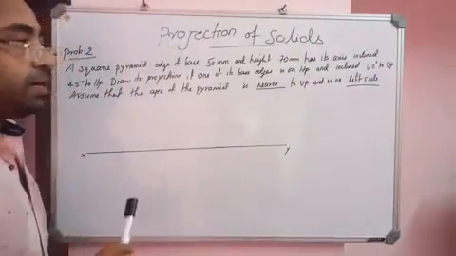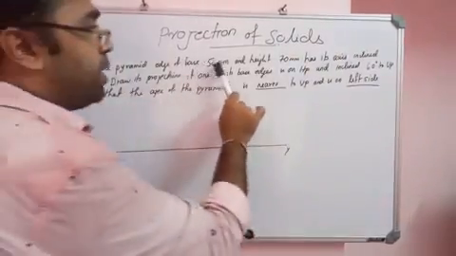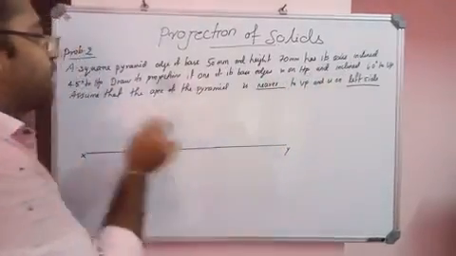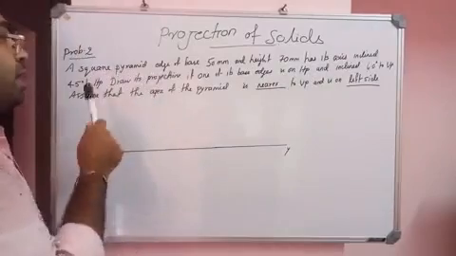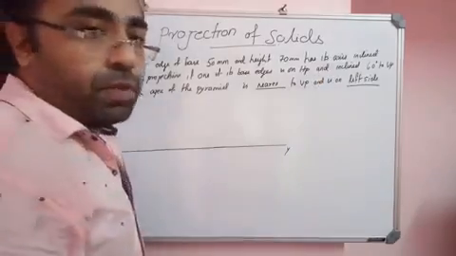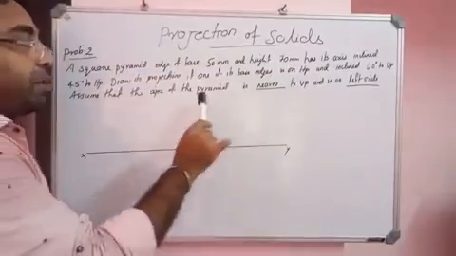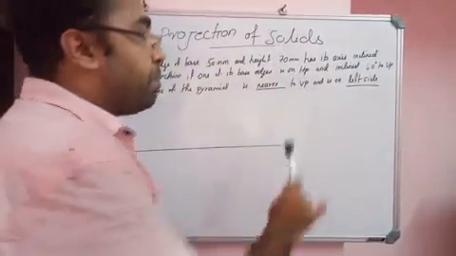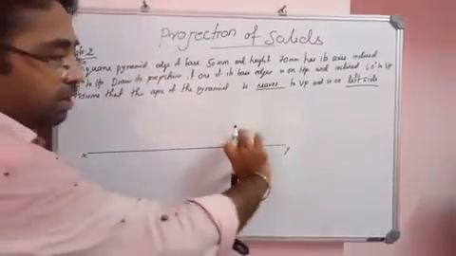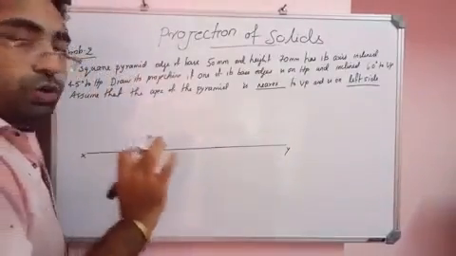In the earlier problem it is the same: a 50 mm base and 70 mm axis height square pyramid, at 45 degrees to HP and 60 degrees to VP. The only difference is that the apex is nearer to VP, but on the left side.